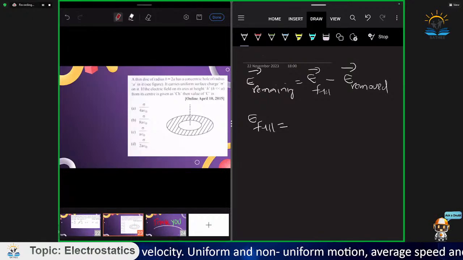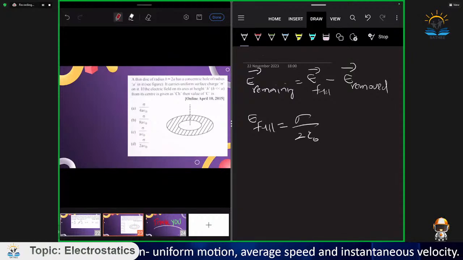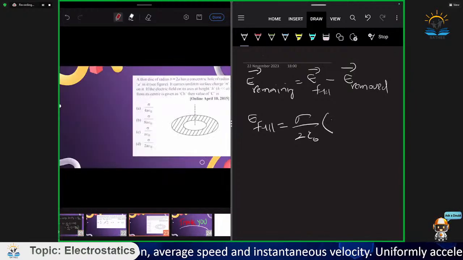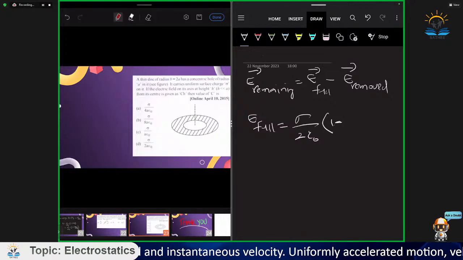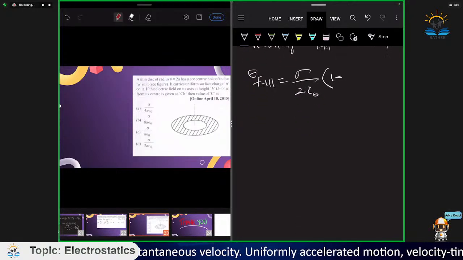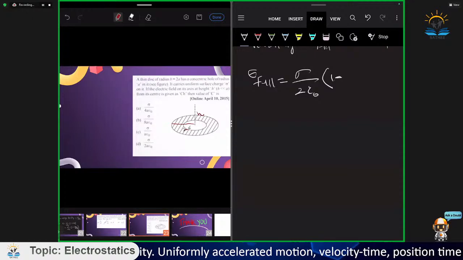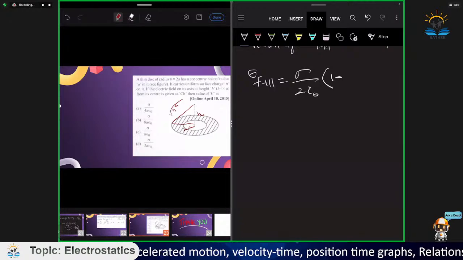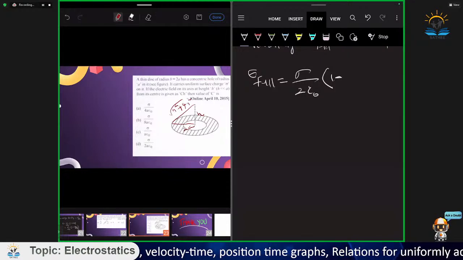The equation is sigma by 2 epsilon into (1 minus x by root of x square plus radius square). Here the height is h and the radius is 2a, so the distance will be root of (h square plus 4a square). It is given that h is very small, so this turns out as root of 4a square, that is 2a only.